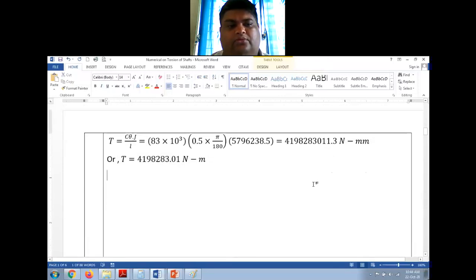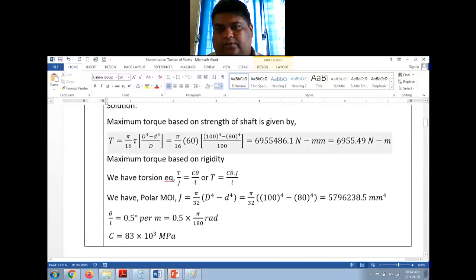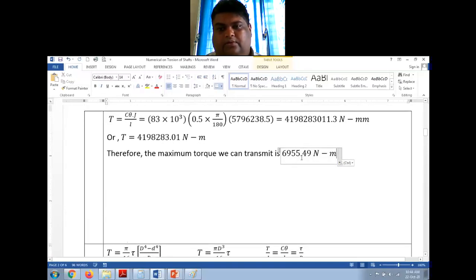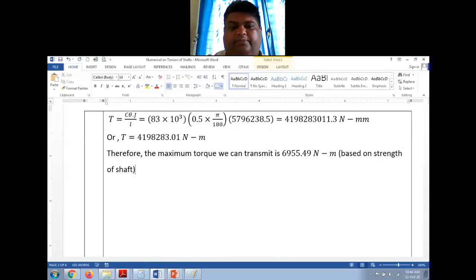So, therefore, the maximum torque you can transmit is this many Newton meter based on strength of shaft, right?